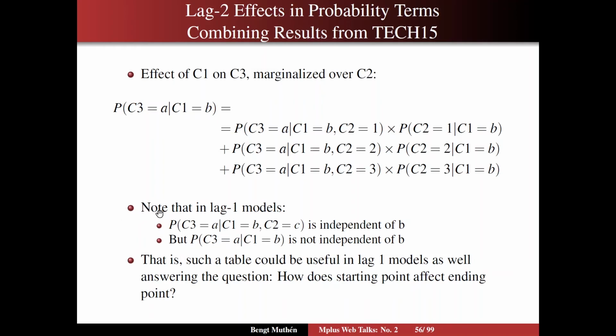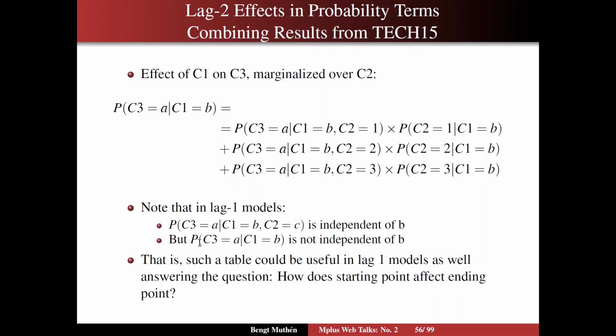Now note that in lag 1 models, we're talking about how to express lag 2 effects, C1 to C3, but in lag 1 models, this may also be of interest for the reason that the probability of C3 equals a certain class, given that C1 is in a certain class and C2 is in a certain class, does not depend on C1 being B. The probability of C3 is only a function of C2 in a lag 1 model. We don't care about what happened before C2. There's no direct effect from C1 to C3.